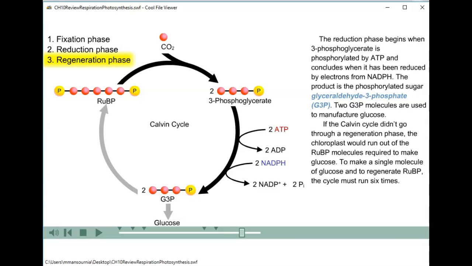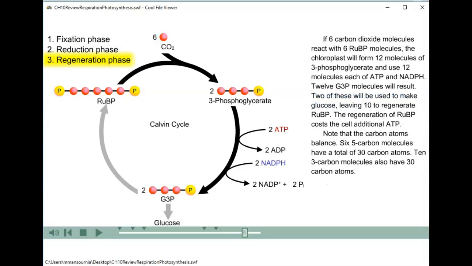If the Calvin cycle didn't go through a regeneration phase, the chloroplast would run out of the RUBP molecules required to make glucose. To make a single molecule of glucose and to regenerate RUBP, the cycle must run 6 times.